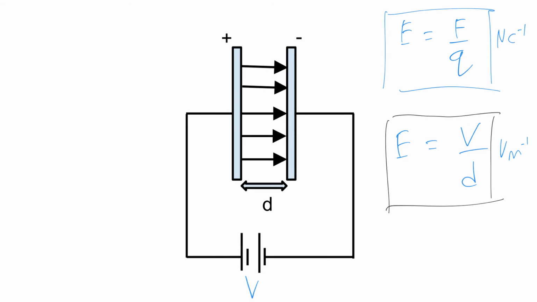No, it's just a trick. The units they write down for you can be volt per meter, but you maybe have to use F over Q to solve. Or they can write Newton per coulomb, but you need to use V over D to solve. So don't assume that the units tell you what formula to use. It doesn't matter, because they're the same base units. Do you understand? Okay?